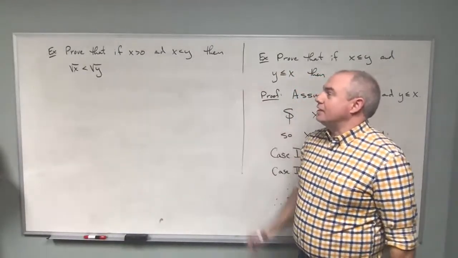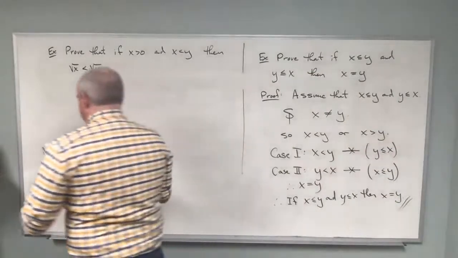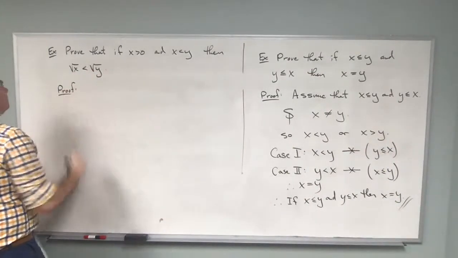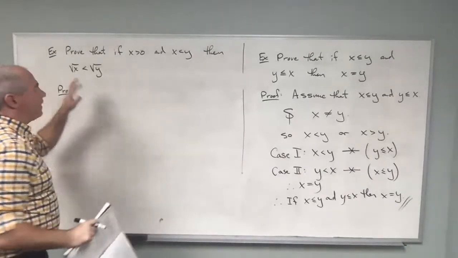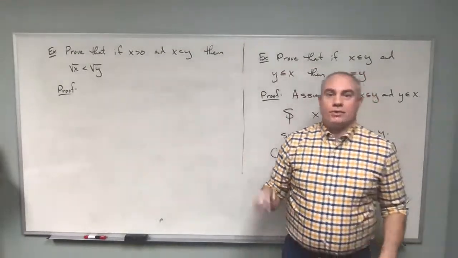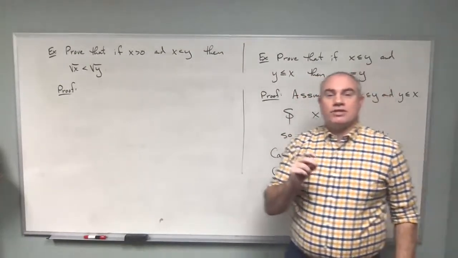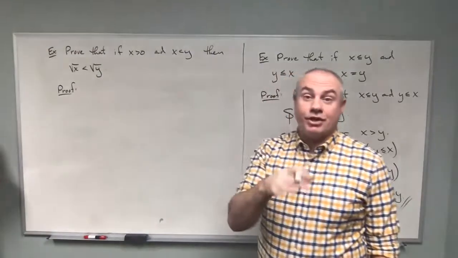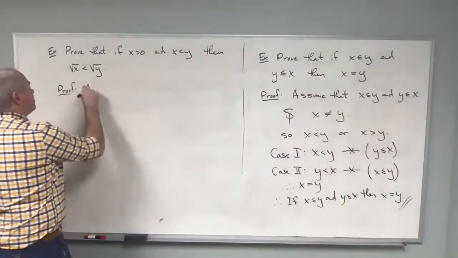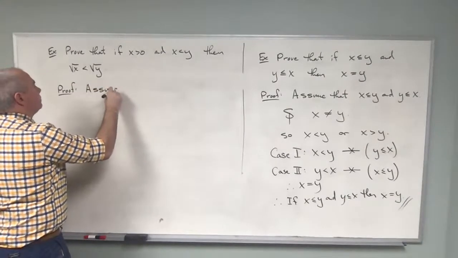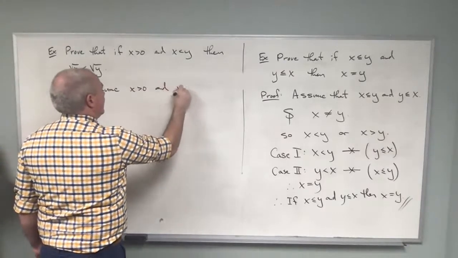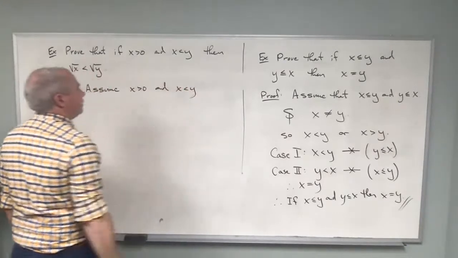Okay. So let's go ahead and prove this. So again, if I'm doing a proof by contradiction, the way that you go about that is you assume the hypothesis and then you suppose or assume the negation of the conclusion. So the hypothesis in this case is I assume that x is greater than 0 and that x is less than y.